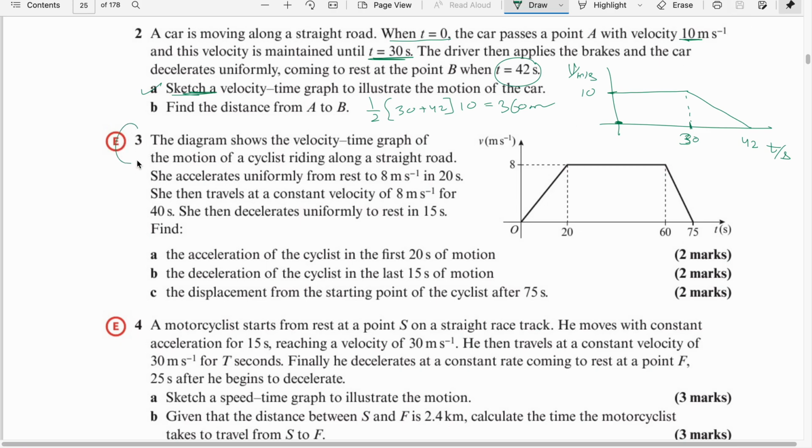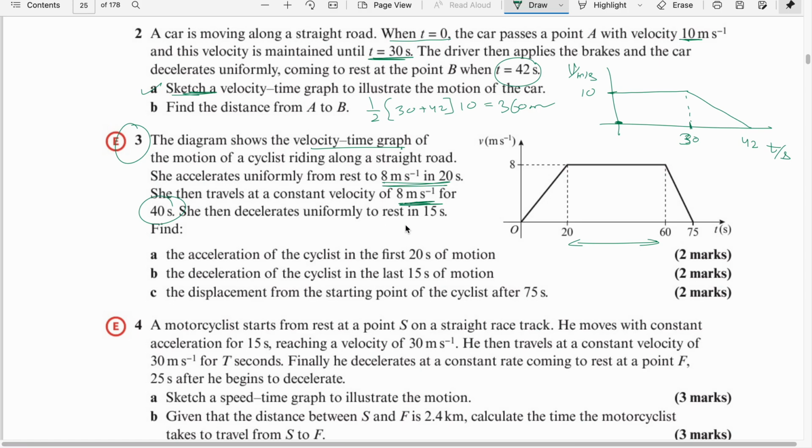Question number 3. Let's pace up. The diagram shows the velocity time graph of the motion of a cyclist riding along a straight road. She accelerates uniformly from rest to 8 in 20 seconds. She then travels at a constant velocity of 8 meters per second for 40 seconds. So these are the next 40 seconds.